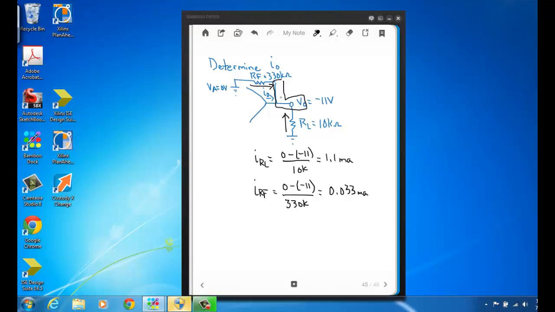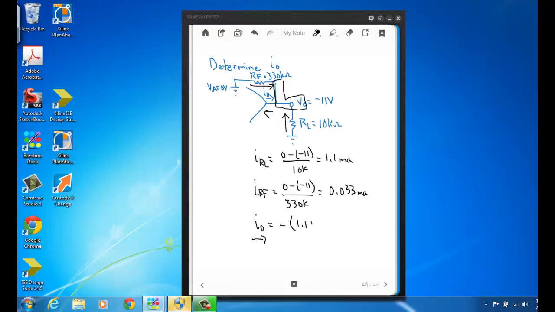Okay, so you see both these currents are flowing into this node, so that means the current here, I0, really is going the other way. See, I0 is really going that way. So if we leave I0 defined as this direction, we would show the value as minus the sum of these two.